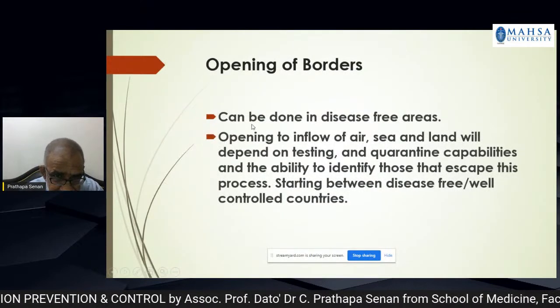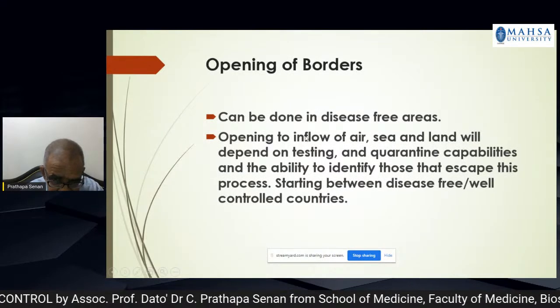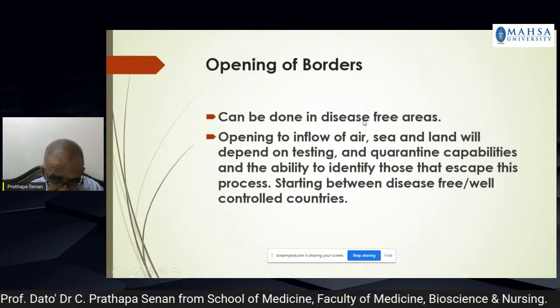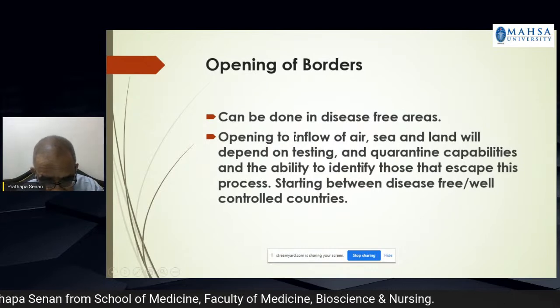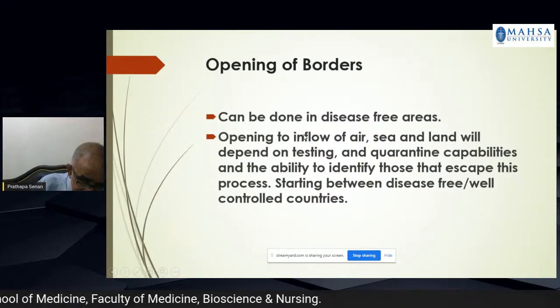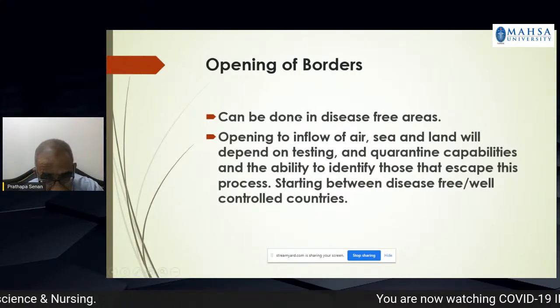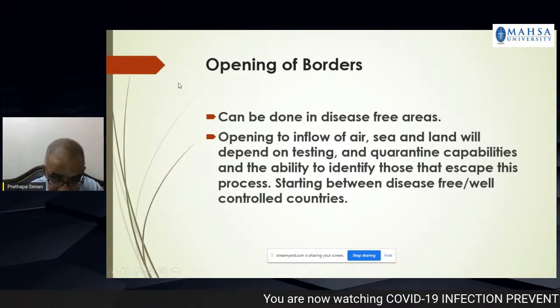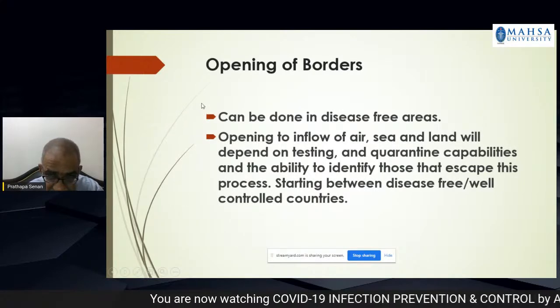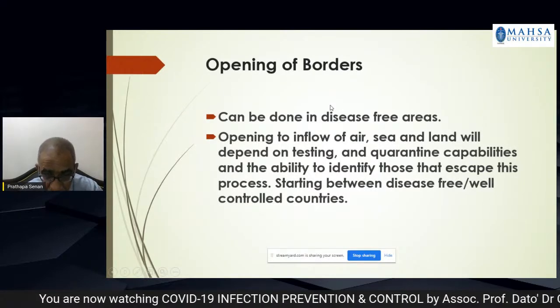Opening of borders can be done in disease-free areas, like New Zealand has no disease, and if Malaysia doesn't have disease, then you can have communication. In fact, it should not be done by countries because it's too big an area. It should be done by smaller areas.